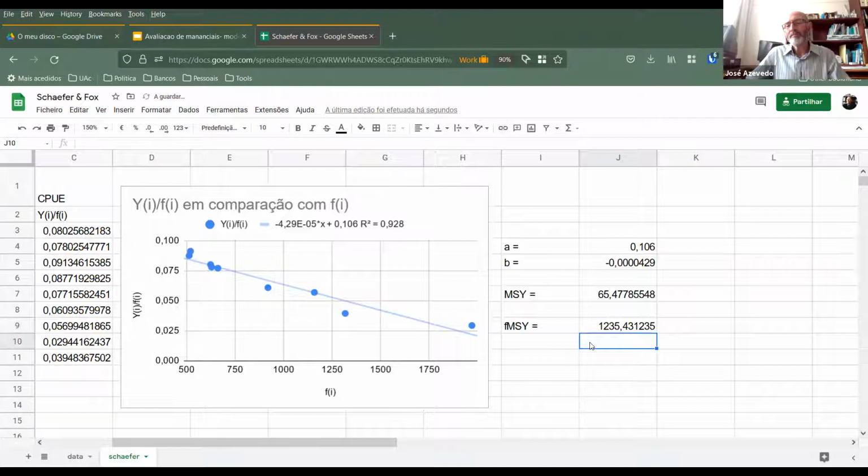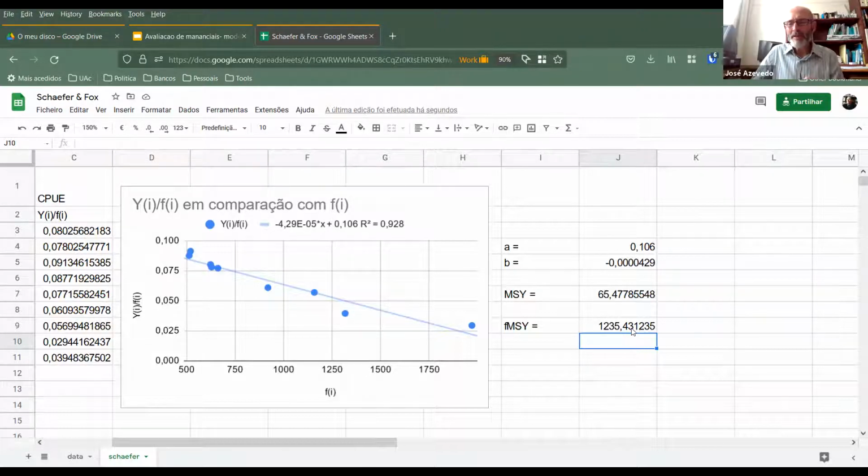So you need this amount of fishing effort, in this case the number of standard boats, to get that maximum sustainable yield. And so these are your targets. You go to the politicians and tell them, this is how many standard boats you need to have operating, and this is what you would expect to have on a sustainable basis.